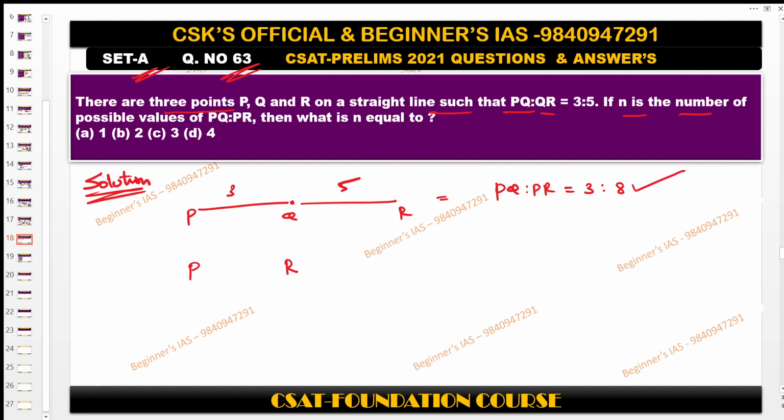Let us take R in the middle. Now listen carefully. Now PQ is 3, then QR is 5. Then what would be the PR? What would be the PR?